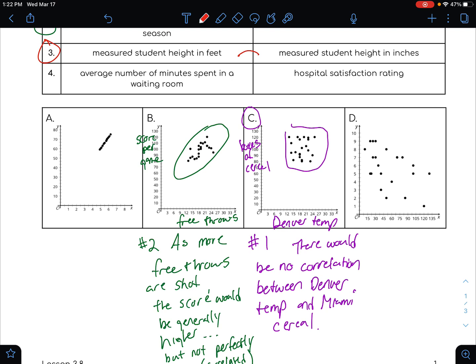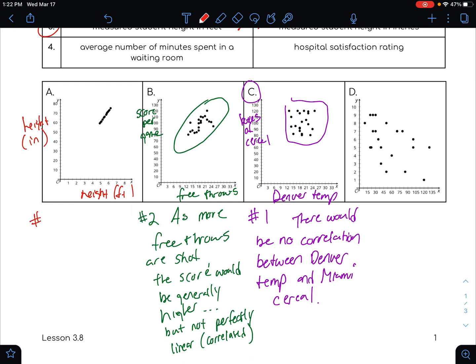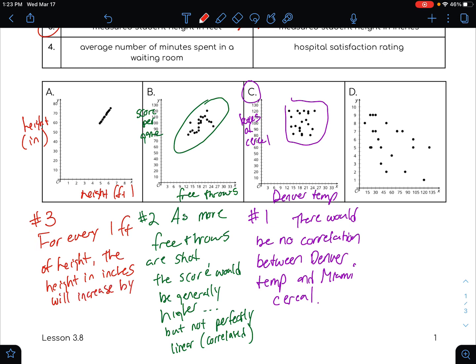So height in feet, height in inches. So this is number 3. For every 1 foot of height, the height in inches will increase by exactly 12 inches.